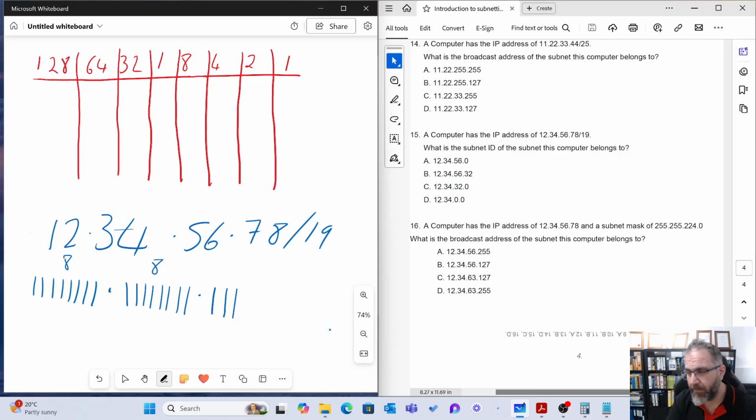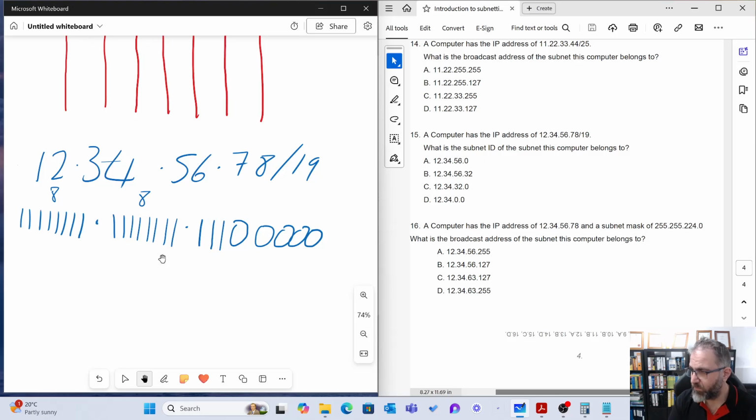Then we've got 19. What do we do now? We go 0. So remember, we need 8 bits in an octet. We've got 1, 2, 3, 4, 5, 6, 7, 8. And the last one is just a simple 0. We don't have to worry about it. This one becomes boring. These ones are boring.